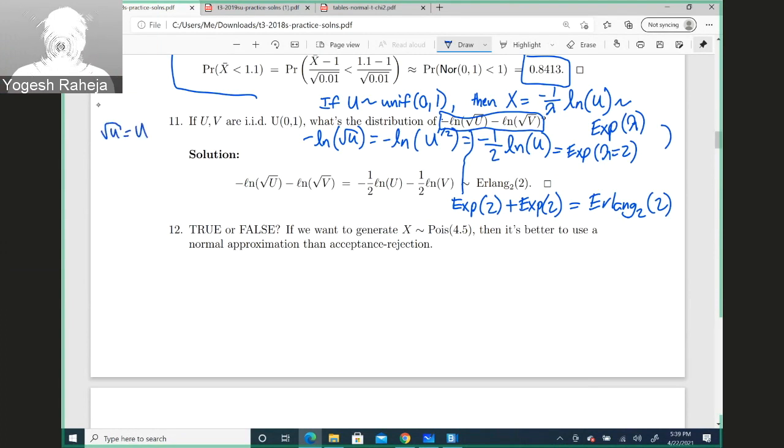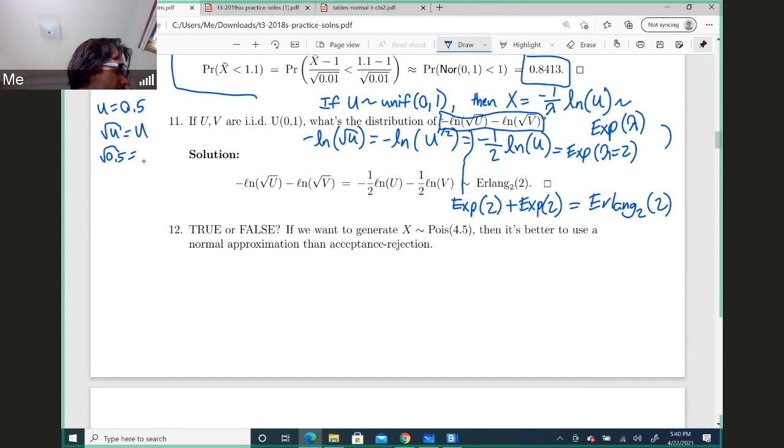But let's say that U is equal to 0.5, then the square root of 0.5 is, what is the square root of 0.5? It's like 0.7183 or something. I don't know, some number. But that doesn't equal 0.5, right? It does not. But in this case, it's just a uniform number, right?